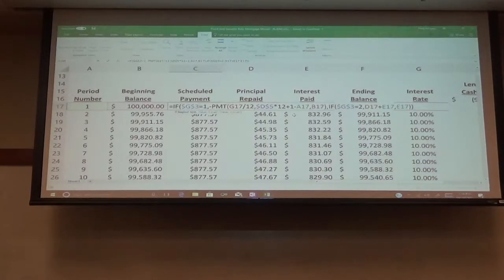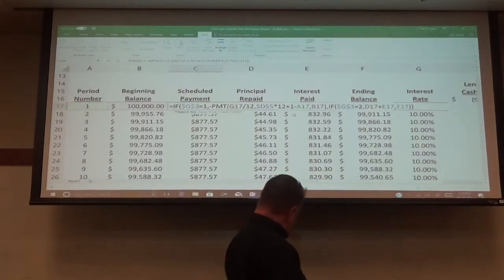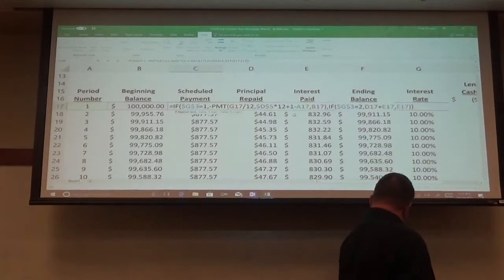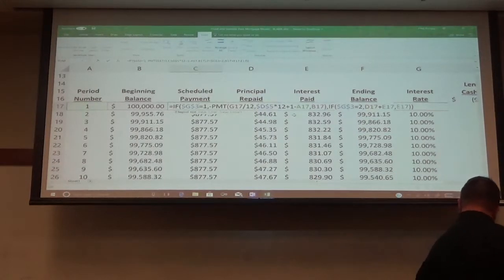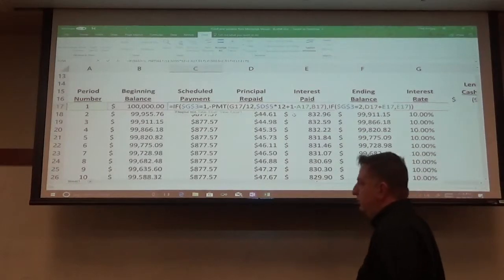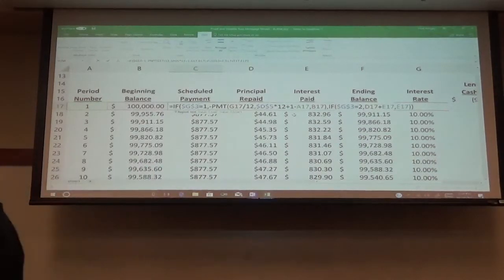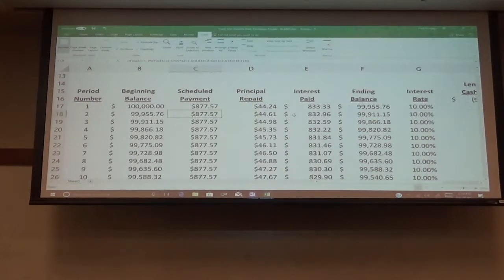Just copy it all the way down once you've got that in. I still get 833. I got 833.33 too. I got the same thing. That's what I'm getting. That's the right answer. 833 is the right answer for the interest, first payment. For the scheduled payment.